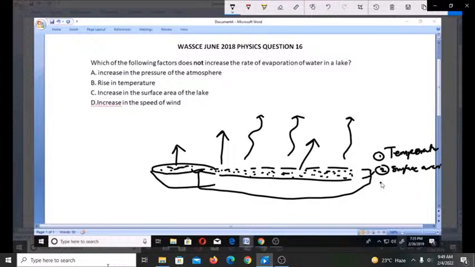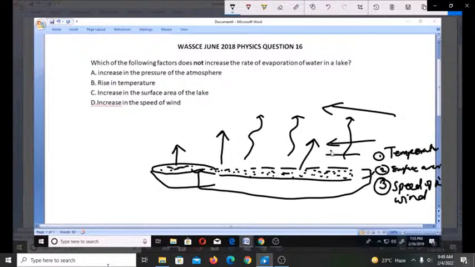Now, the number three thing that will make there to be more water going up is the speed of the wind. If we have a heavy breeze flowing, what's going to happen? They're going to push some of this water out of the lake surface and into the atmosphere.